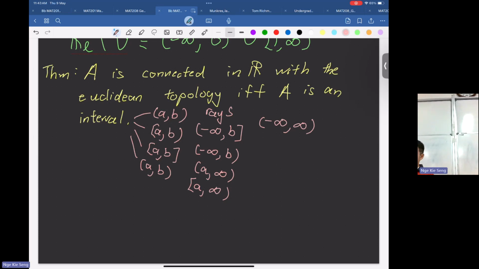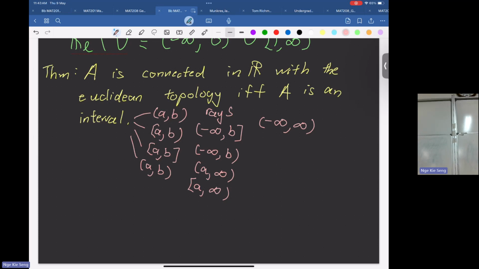Okay, do you feel that this theorem has a bit of the same flavor as what you have done in the assignment? Open, if you can write it as a countable union of intervals. So this kind of question says what?